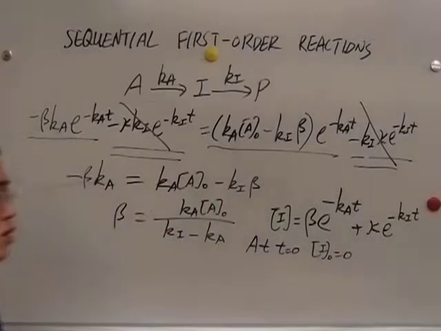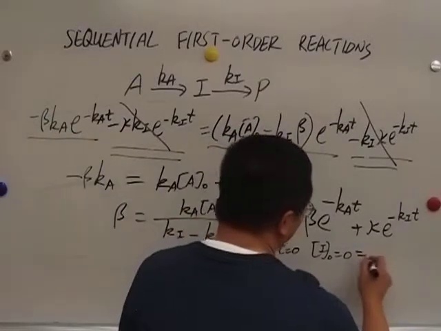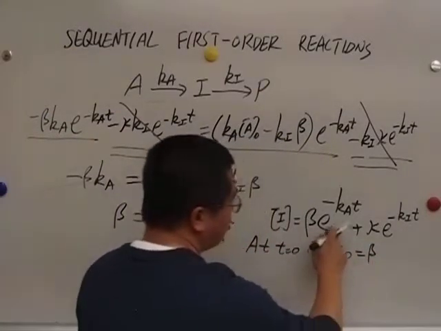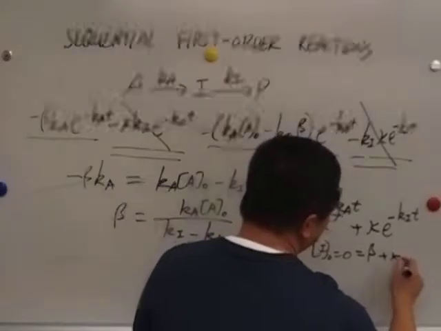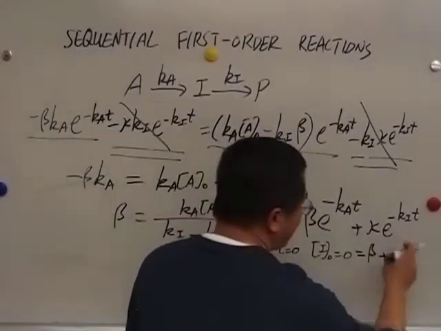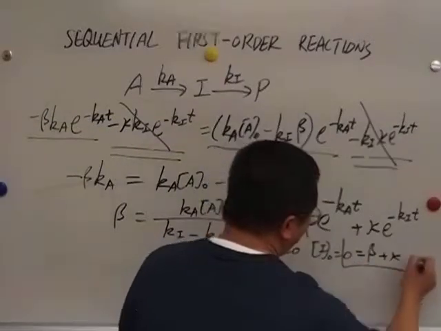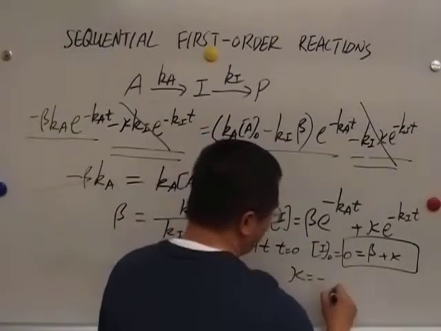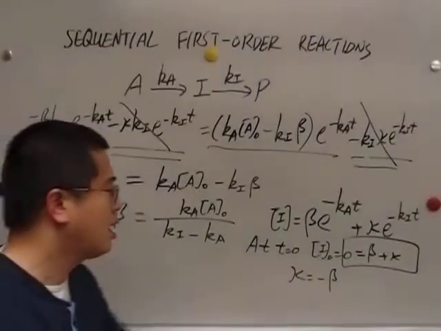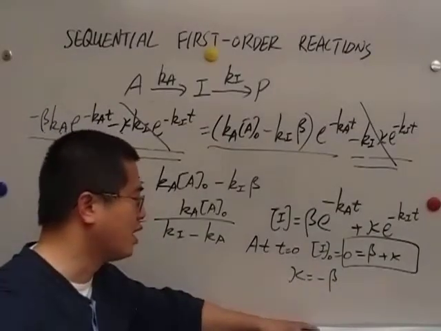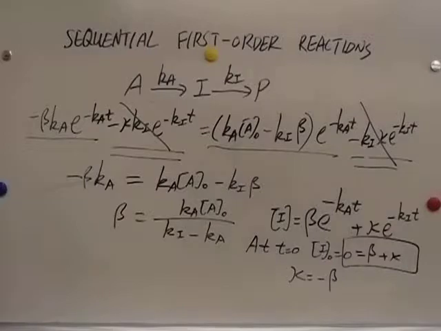Initially, there's no intermediate in the reaction system. This equals beta times e to the power of 0 plus kappa times e to the power of 0. So, by looking at this, we know beta equals negative kappa, and vice versa, kappa is negative beta.